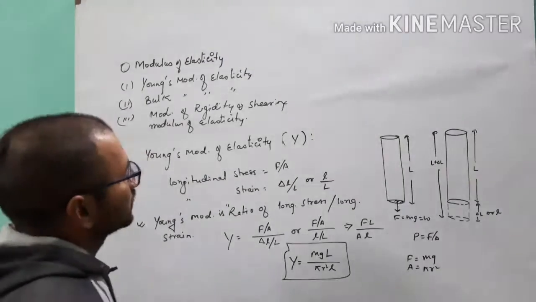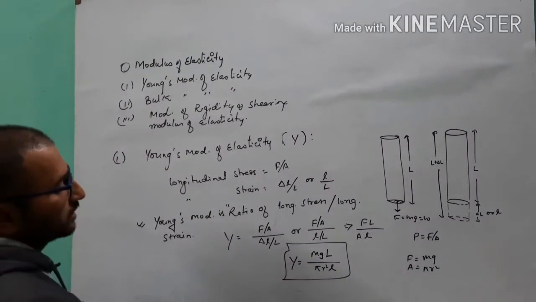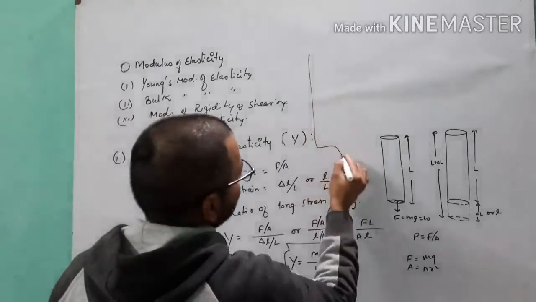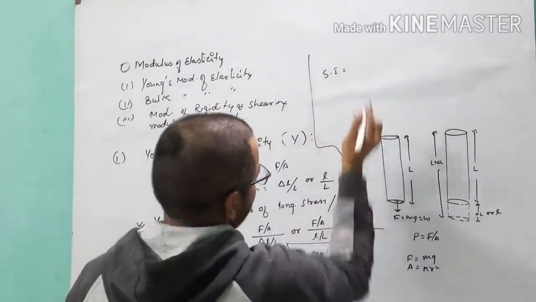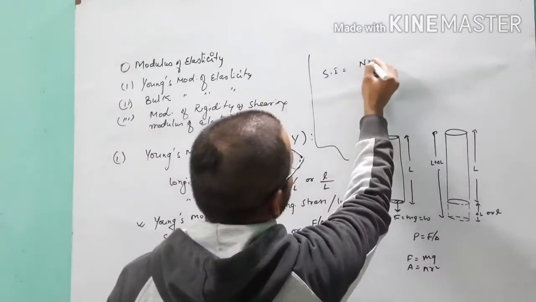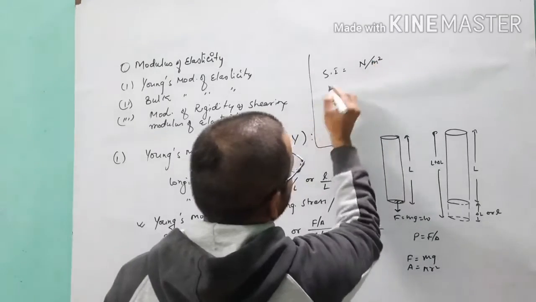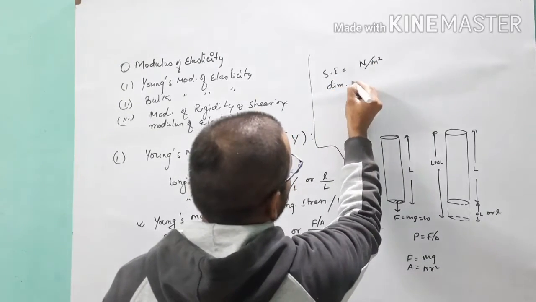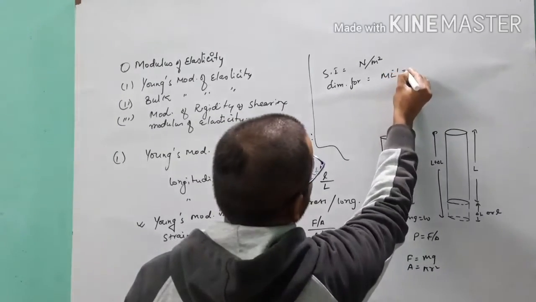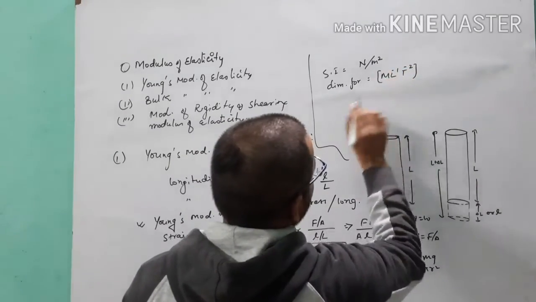Point clear? Now, the SI unit of Young's modulus or modulus of elasticity, using the formula in front of you, is Newton per meter square, and the dimension formula, student, is M L to the minus 1 T to the minus 2. How is it?